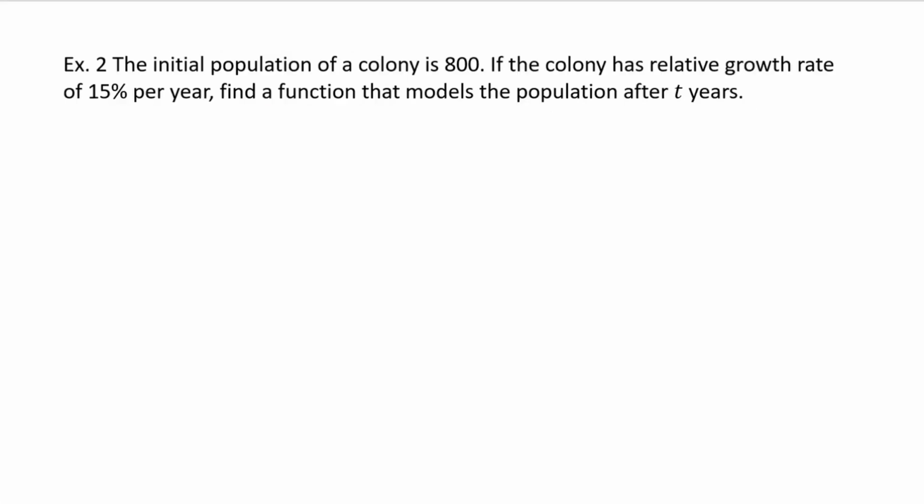The initial population of a colony is 800. If the colony has relative growth rate of 15% per year, find a function that models the population after t years. The relative growth rate is our hint that we need to use the relative growth exponential formula. So that's N of t equals N sub naught e raised to the power of RT.